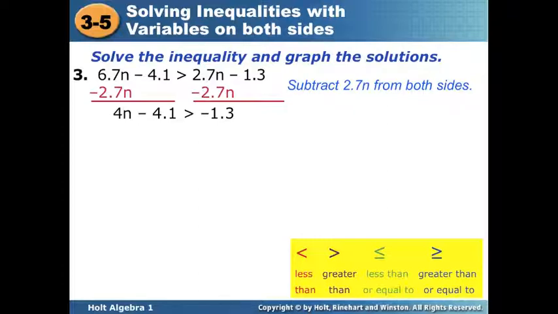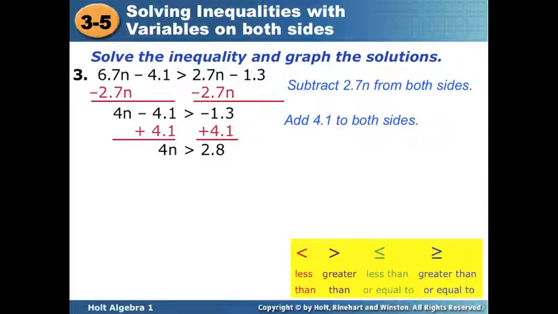So we have 4n minus 4.1 is greater than negative 1.3. Next, add 4.1 to both sides. So we have 4n is greater than 2.8. Finally, you'll need to divide by 4 in order to solve. So our solution is n is greater than 0.7.